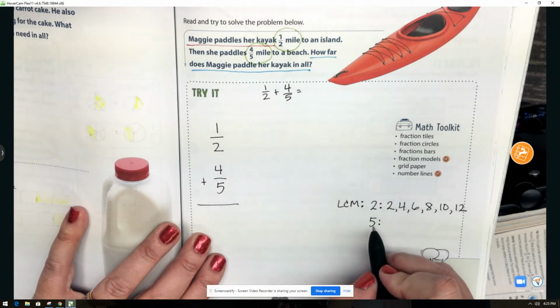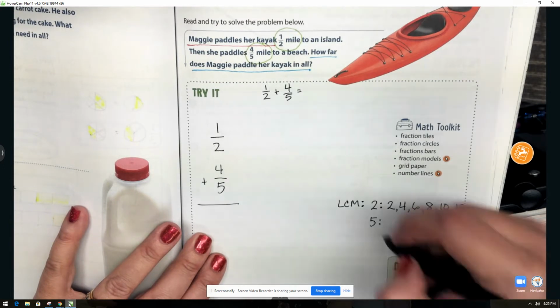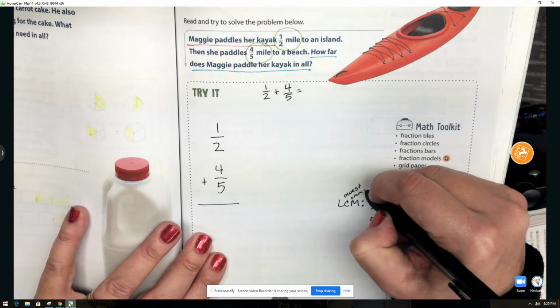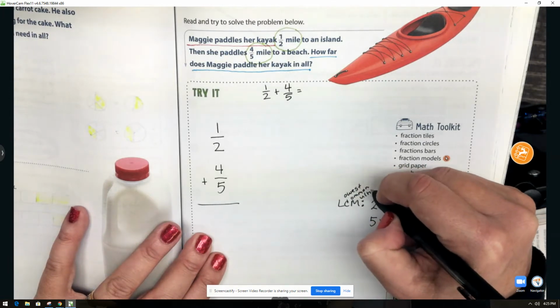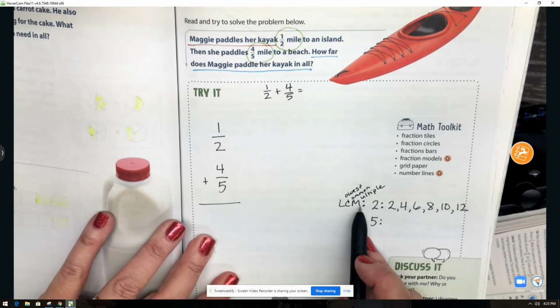Now we're going to do multiples of 5. If we get to a multiple that we have in common, we can stop, because we know that we found our lowest common multiple. That's where we get the LCM.